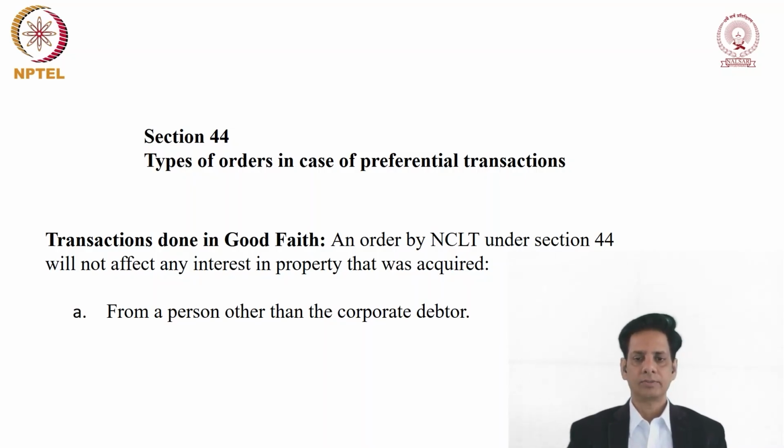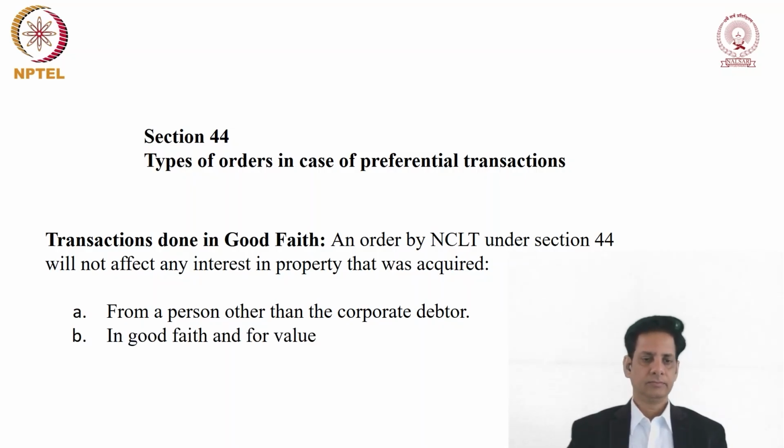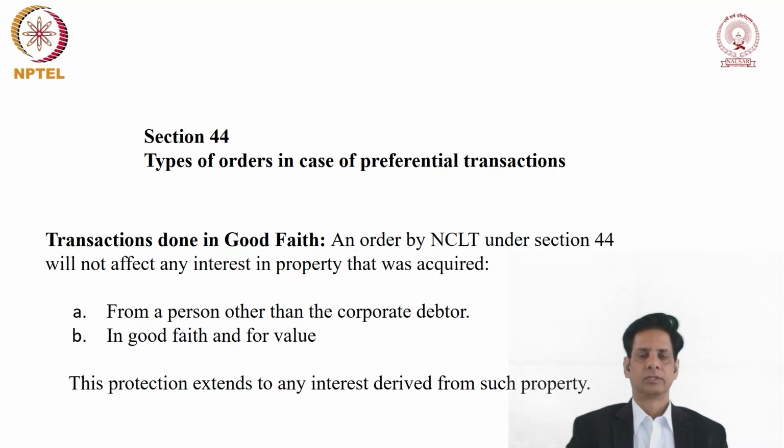An order by NCLT under section 44 will not affect any interest in property that was acquired from a person other than the corporate debtor in good faith and for value. This protection extends to any interest derived from such property if it is coming from a third party.